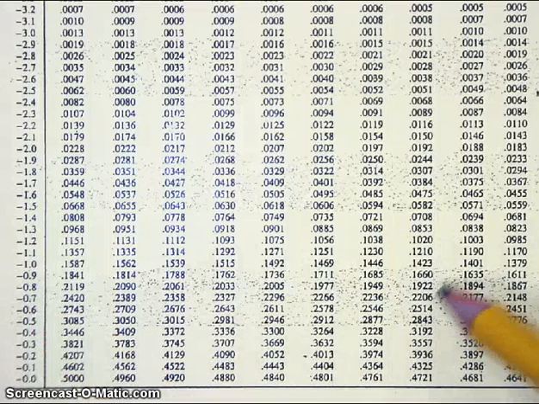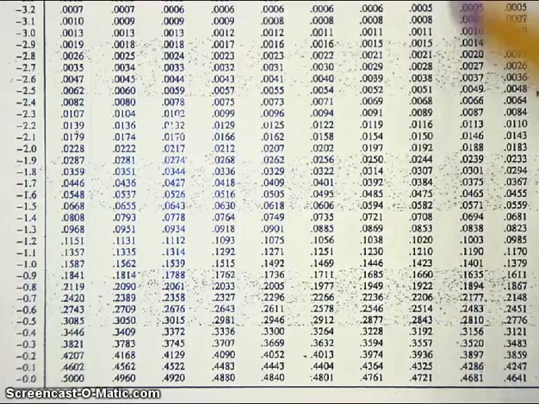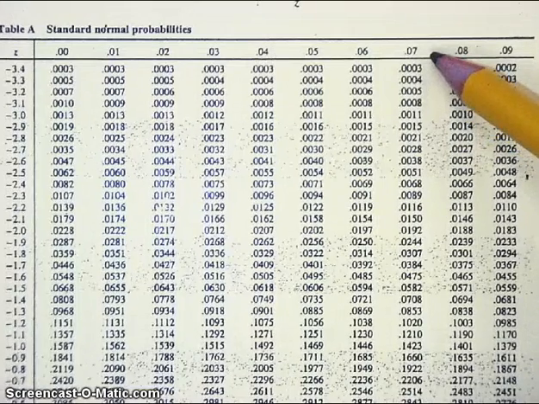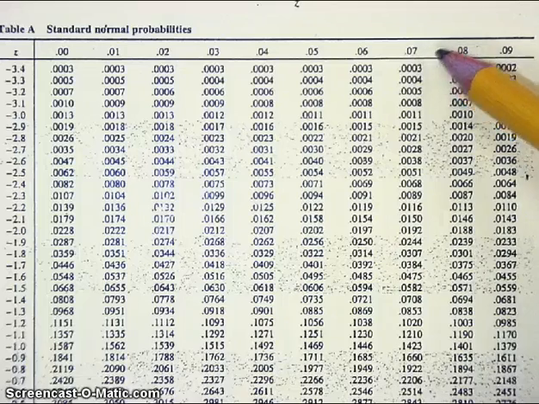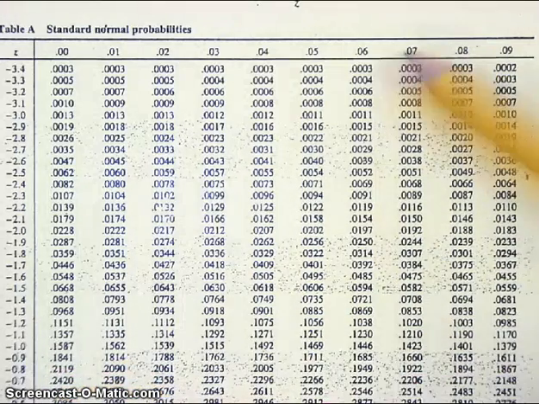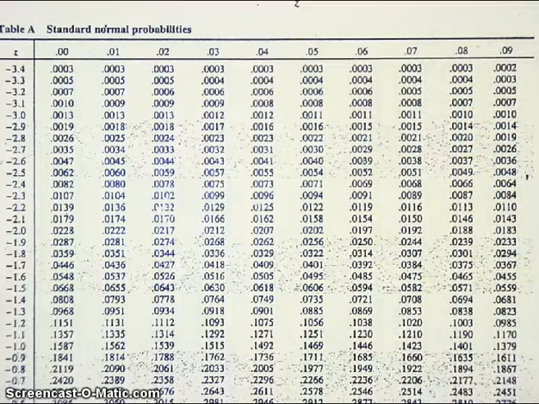Then if you go up to the top, you see 0.07 is at the top of that column, and so your z-score is negative 0.67, which is what we got with the calculator. But the calculator gave us a lot more decimal places of accuracy, so this is not as precise as the calculator is going to be, and I recommend that you use the calculator for all these kinds of calculations.